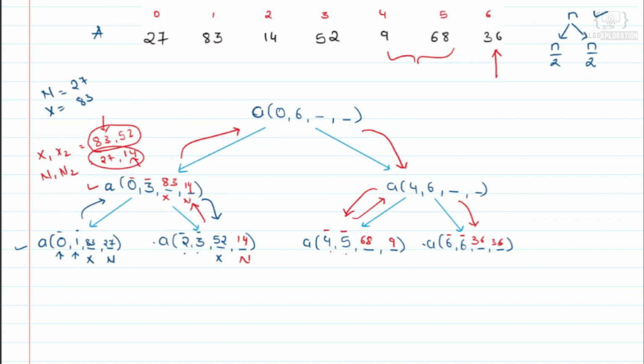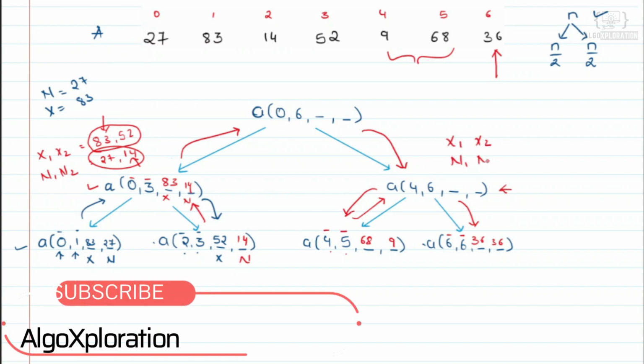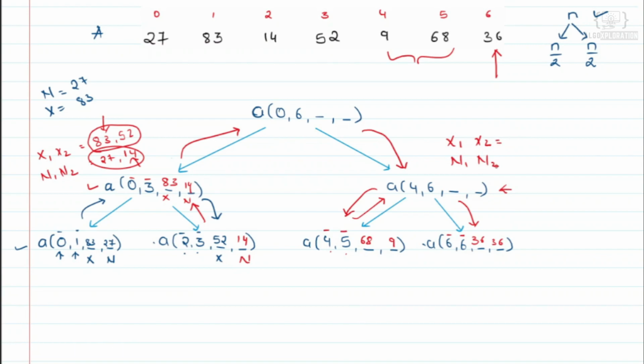Because as I said, if the number of elements is 1, then we will not do any comparison, we will simply return that element itself as both minimum and maximum. So now this function has 3 elements. Let's say x1, x2, n1 and n2. Now x1 is 68 and x2 is 36 and n1 is 9 and n2 is 36.